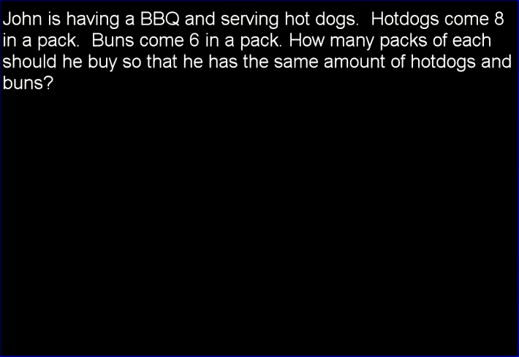What are some important facts that we need to look at in this problem? I like to know that there's 8 hot dogs in a pack, and that there are 6 buns in a pack. And the question is how many packs of each does he need to buy?